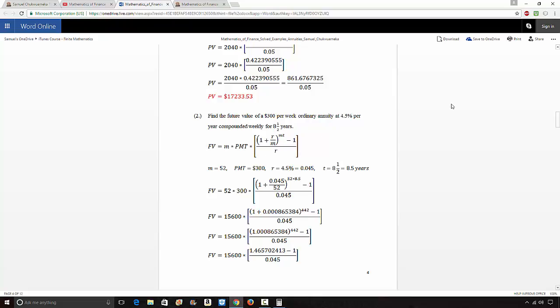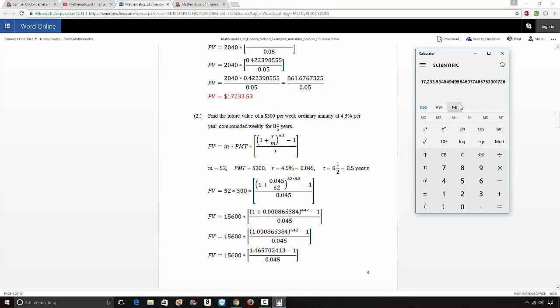So find the future value of a $300 per week ordinary annuity at 4.5% per year, compounded weekly for 8.5 years. So I'll pull up this calculator here.